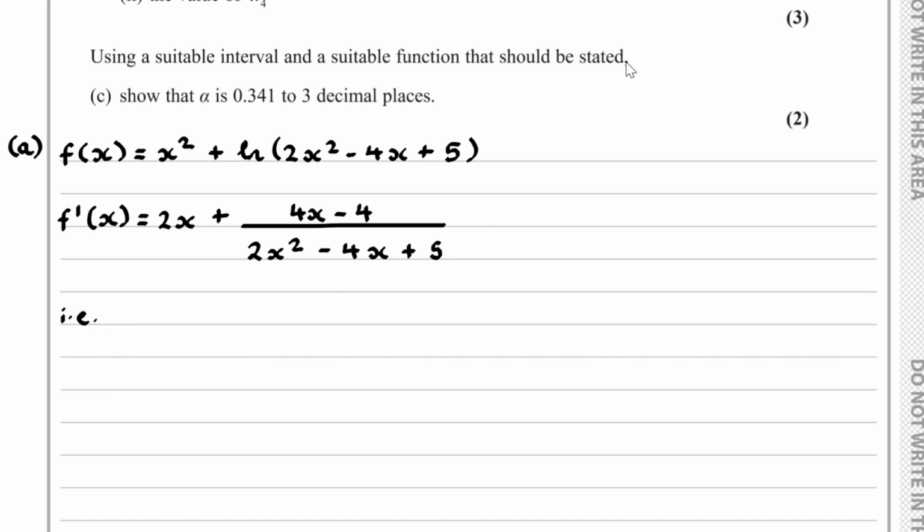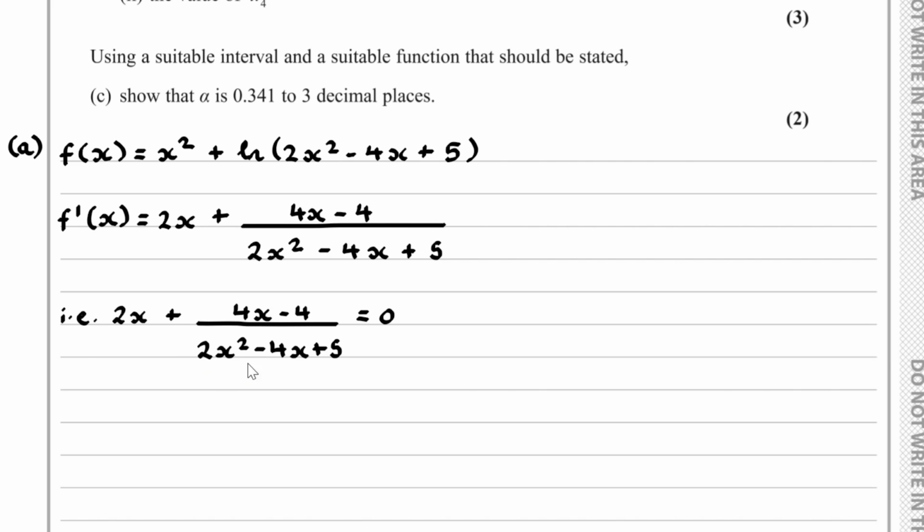And if we do that, we have 2x plus 4x minus 4 over 2x squared minus 4x plus 5 equals 0.